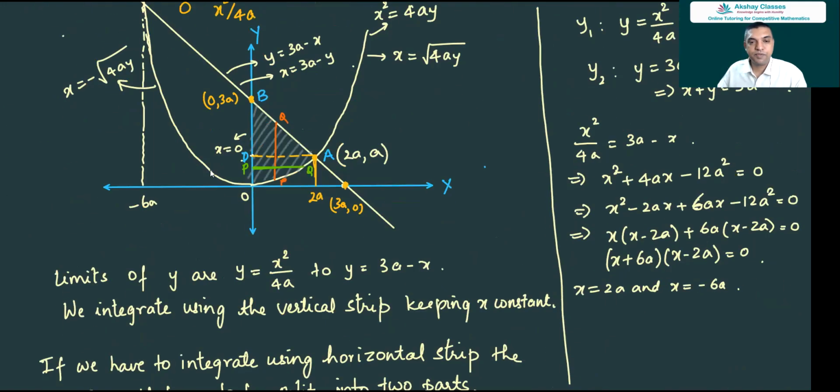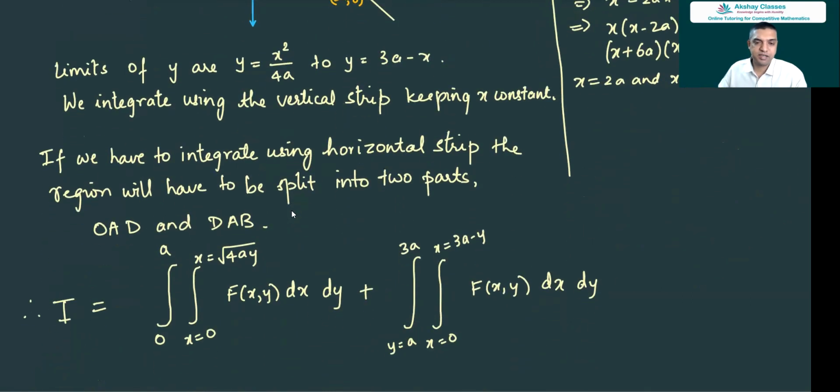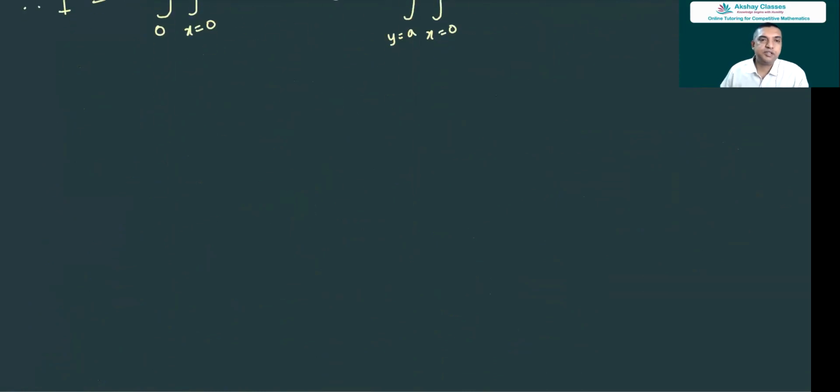The problems of this kind are very important, where when we reverse the order of integration, it splits into two integrals. It doesn't remain a single integral. Now we'll take a case where it remains a single integral. Let us see this.